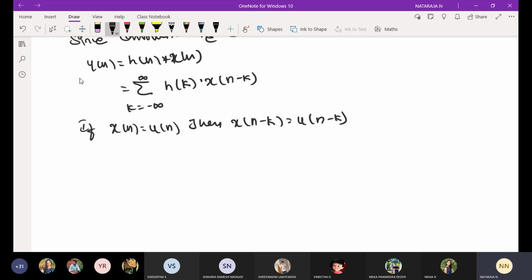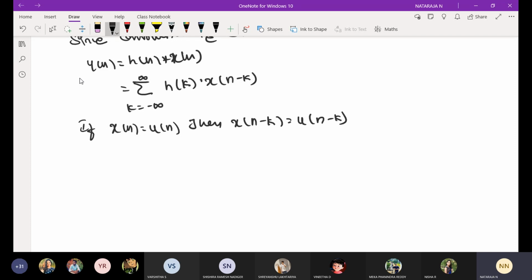Why can't I write it based on the delayed or forward version, u of n minus k? I can write based on that condition. I am just representing a shifted version of the signal u of n or u of t.